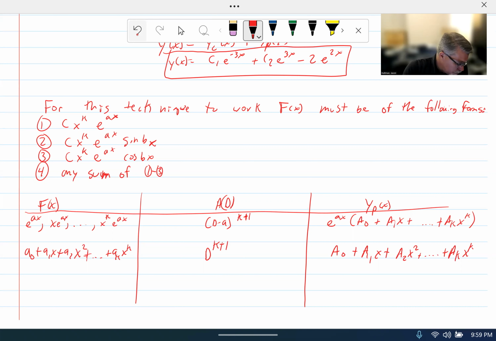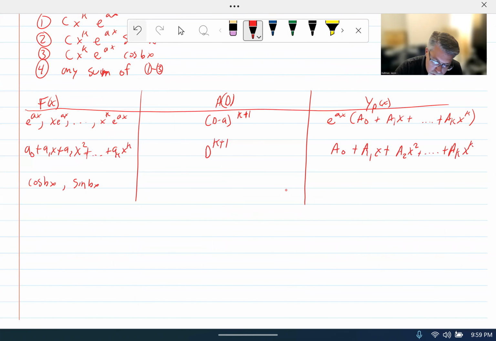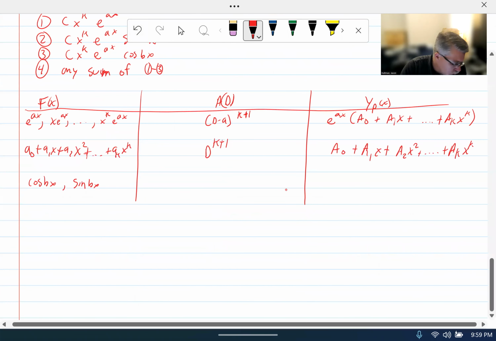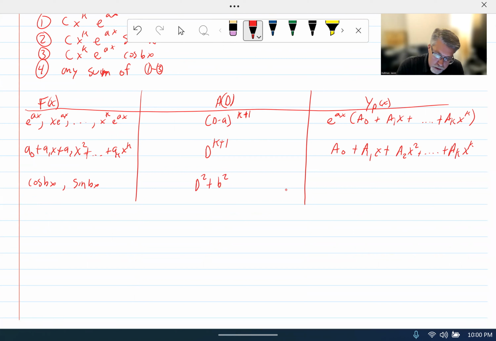The next one is what happens if I have a cosine bx or a sine bx. And this ends up being D squared plus b squared. That's the annihilator that I'm going to choose to use.